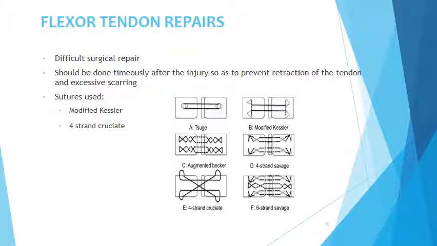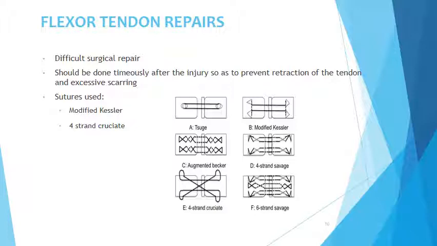So we talk about the sutures, the strands that cross from the one tendon to the other tendon. How many strands actually cross the 2 tendons in a repair? If it's a 2-strand repair, then it interlocks twice between the tendons.